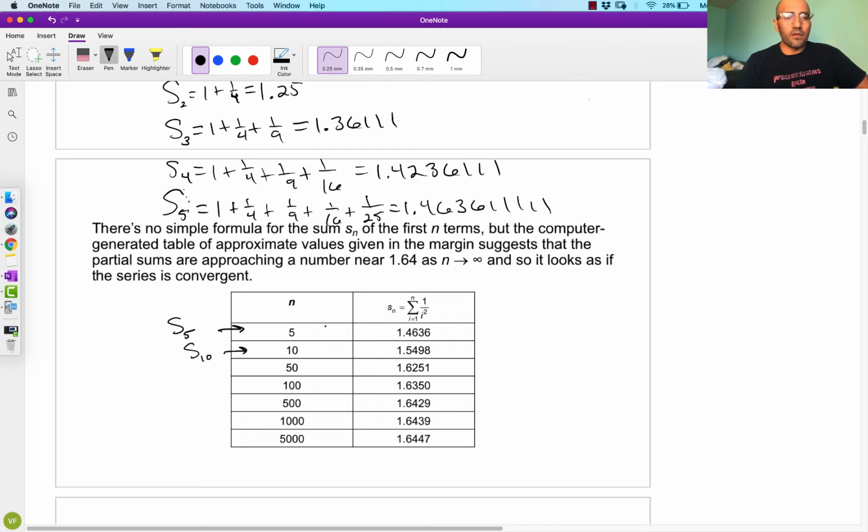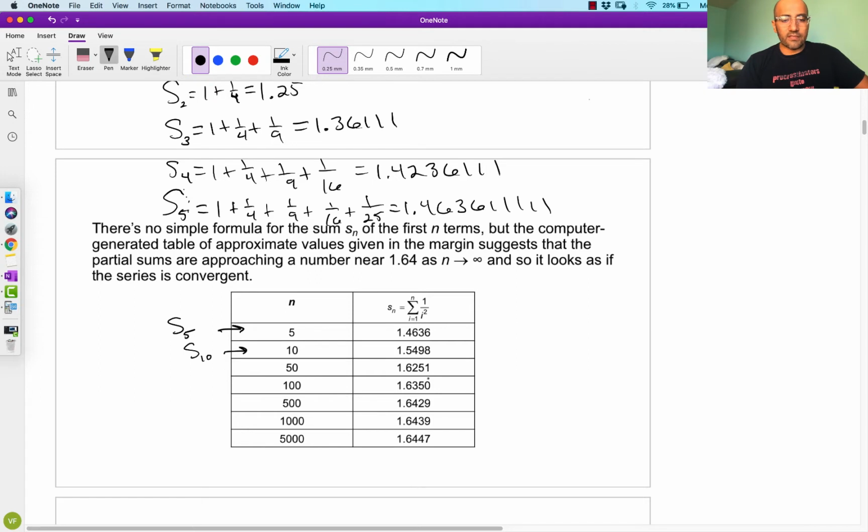So there's no simple formula for S sub n, the sum of the first n terms, but the computer-generated table of approximate values suggests that the partial sums are approaching the number 1.64 as n goes to infinity. It looks like they're getting really close to 1.6444.